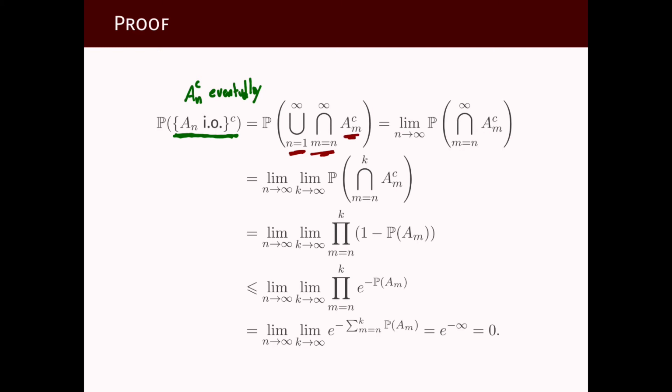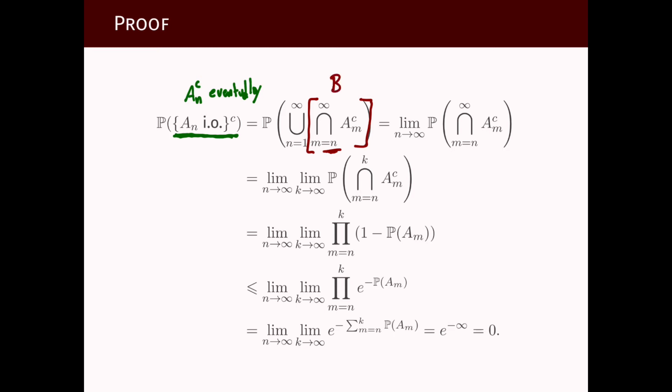Just like in the previous proof, but now the opposite, we can use continuity, but now this will be continuity from below, because this bracket here in red is non-increasing in m. As we make n larger and larger, we are taking an intersection over a smaller family of sets, which means this set is increasing.